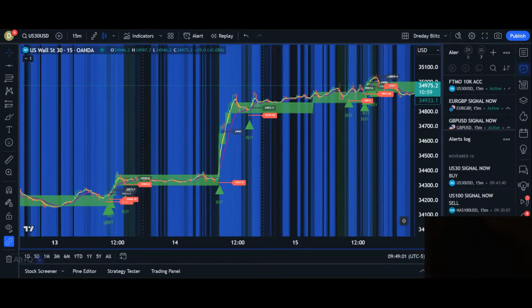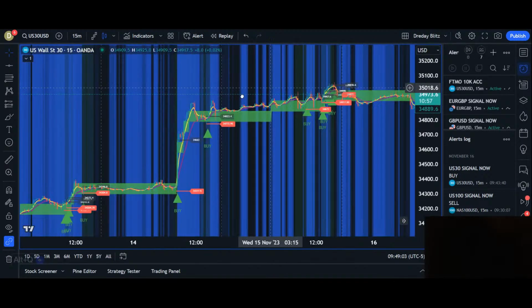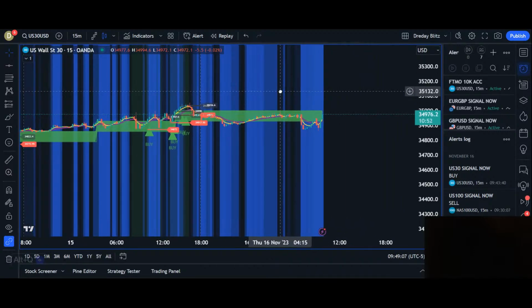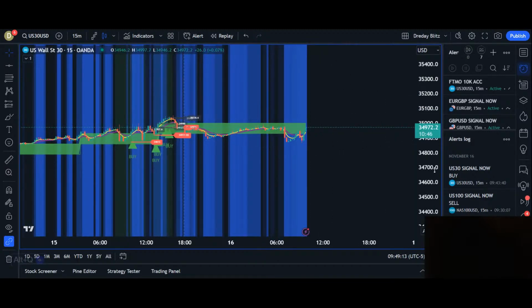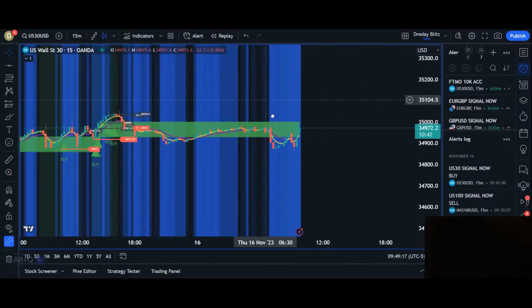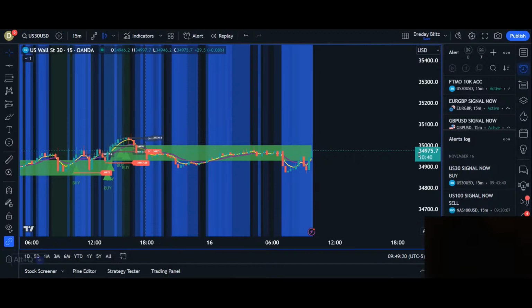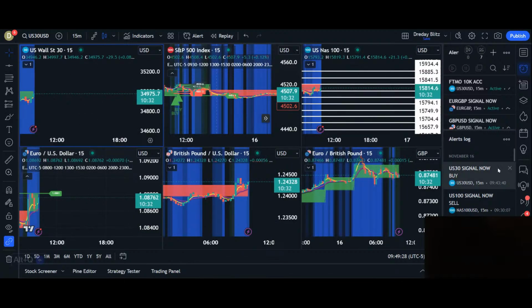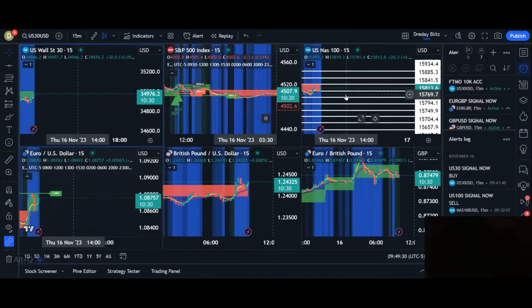So we had US 30, sorry, US 30 buy. So still looking bullish here overall. We did have the NASDAQ as a sell.